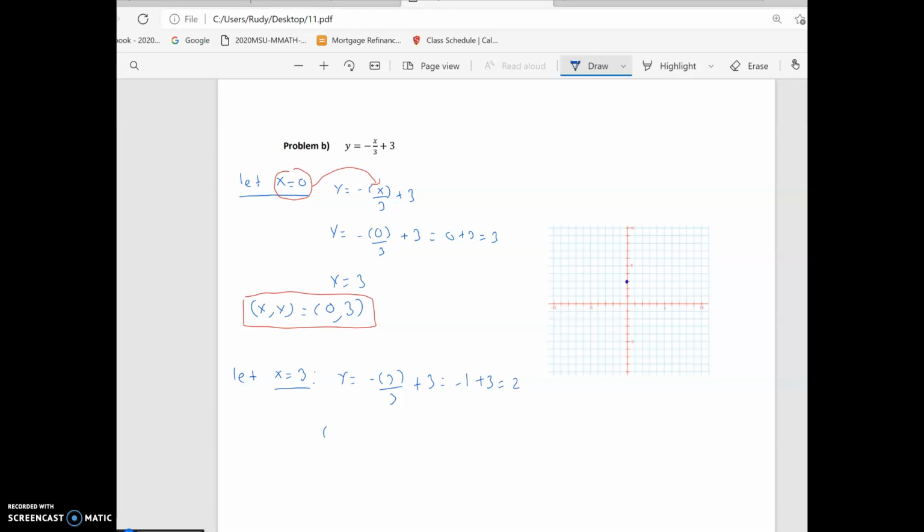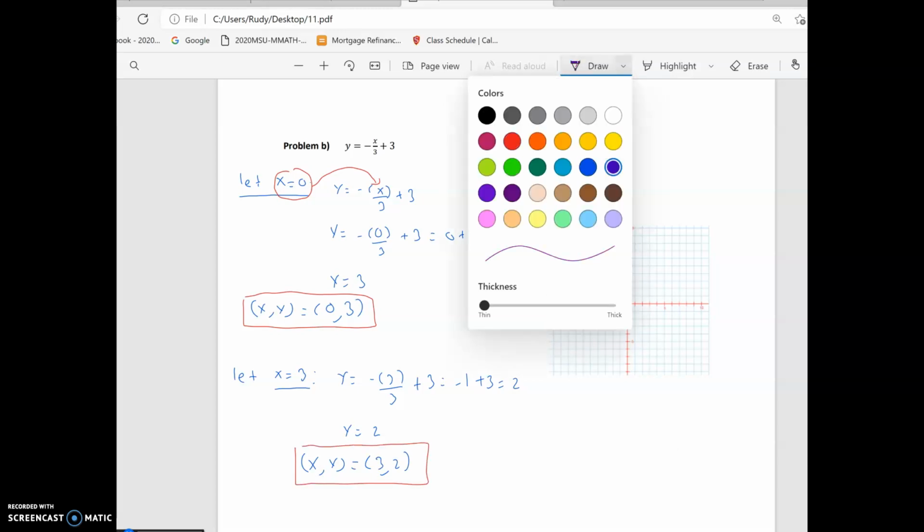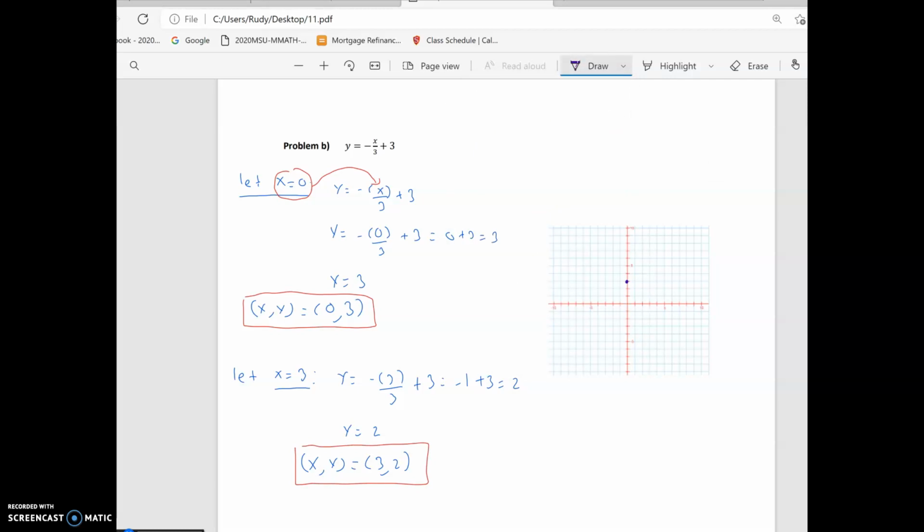So our y value in this case is equal to 2. Our coordinate point is (3, 2). This coordinate point we already found on the previous problem, but it was (negative 3, 2). So in this case, 1, 2, 3, 2, it's going to be right there.